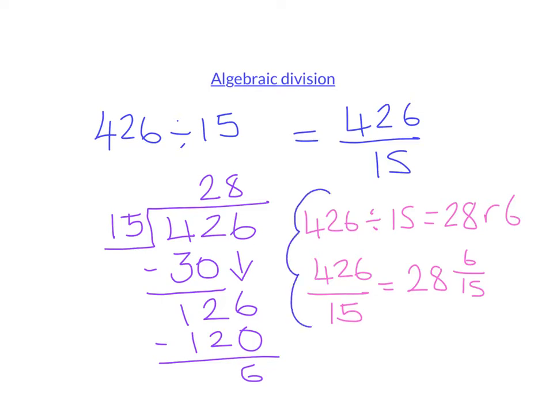So it's a division, and it's also what we used when we changed a top-heavy fraction into a mixed number. So now we're going to do the same thing, but using algebra to divide rather than just numerical values.